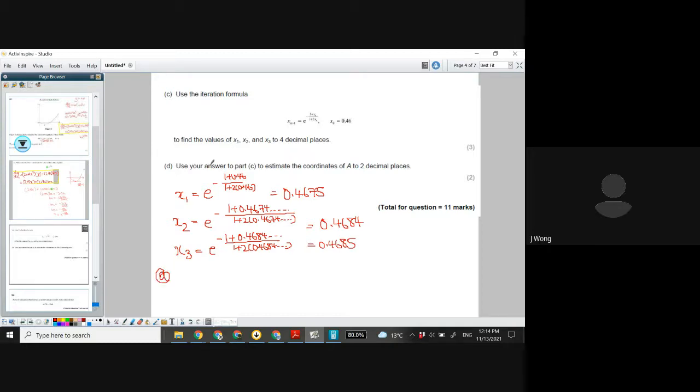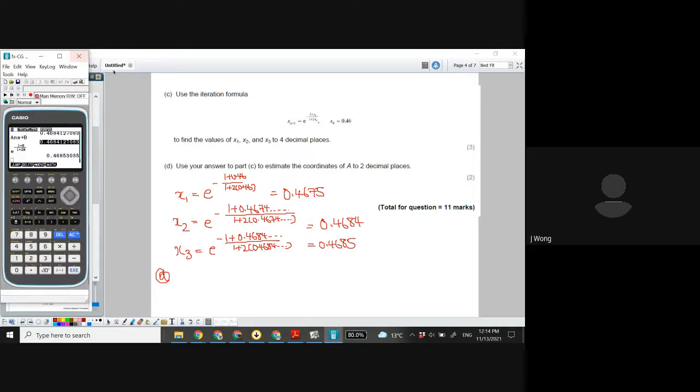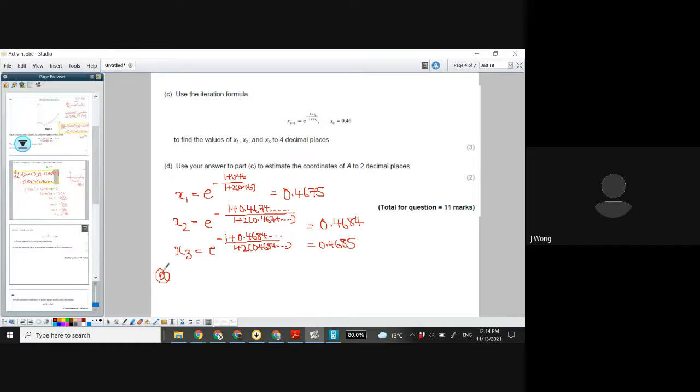Now, finally, using what you had, which means you're not going to attempt to use your calculator by the looks of the question. So just use what you observed in part C to make an estimation for the coordinates of A. I believe they are looking for the x and also the y. So if you round to 2 decimal places, x1 to x3 is consistent, it's going to be 0.47.